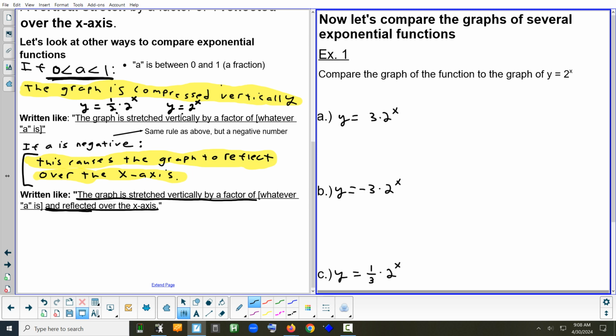So it says compare the graphs below to y equals 2 to the x. And remember what I said yesterday, if I'm having you compare to 2 to the x, they're all going to have a 2 to the x in them. They have to. If I gave you a 2 to the x here, and I didn't give you 2 to the x's in the problem, you couldn't do it. It wouldn't make sense.